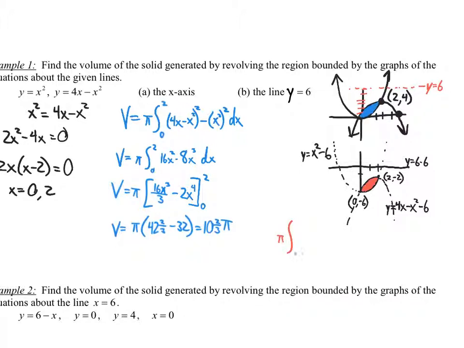It's still going to go from 0 to 2, but now I've got an x squared minus 6 squared minus the inner radius is going to be 4x minus x squared minus 6 squared dx.